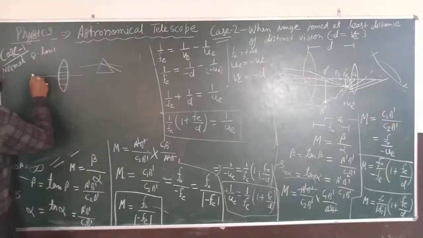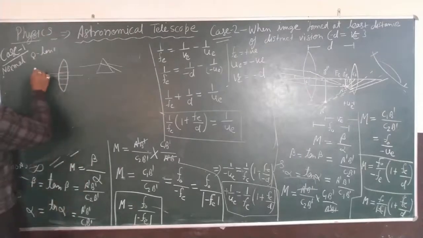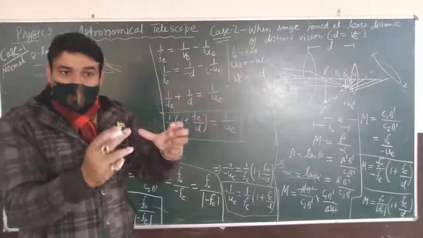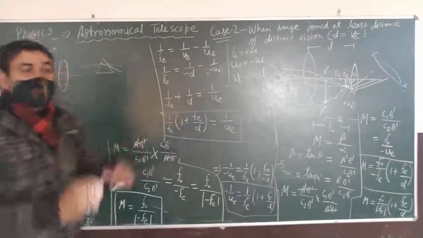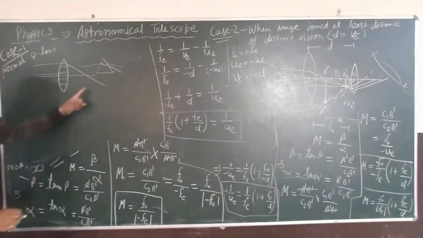So a light which is traveling from this point, if the light is traveling from here, then it has the ability to converge the light with the maximum power. So it will converge at this point.